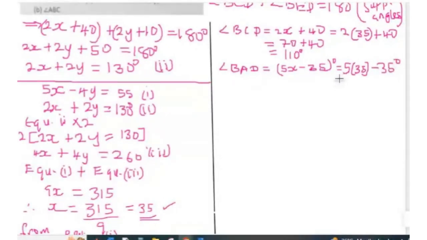So let's see what we have there. 5 times 35 will give us 175. We subtract 35 from it. This gives us 140 degrees. Okay, so we know the sizes of those angles.